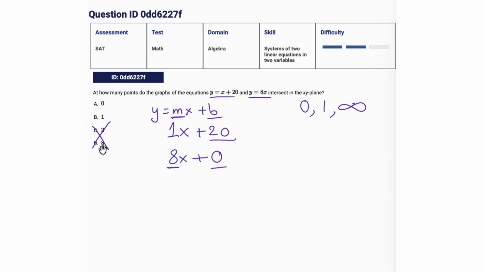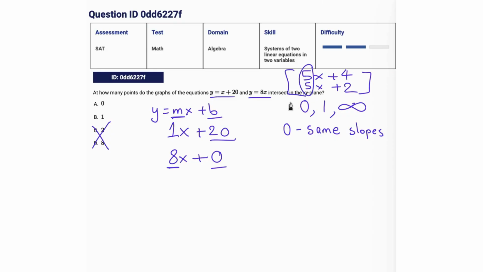You have 0 intersections, okay? When you have two same slopes. So what do I mean when I say two same slopes? If you have already studied these before, you must know that when you have two equations with the same slope, like 5x plus 2 and 5x plus 2 with a different intercept, these two equations are parallel lines because they have the same slope.